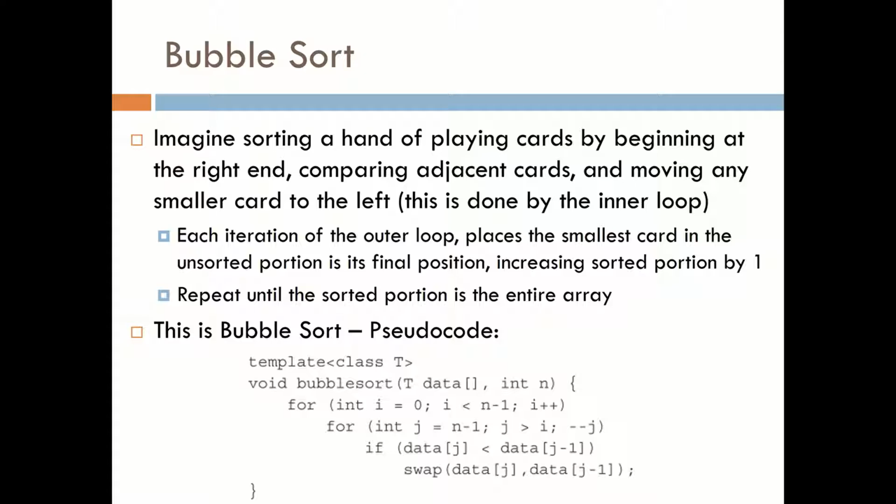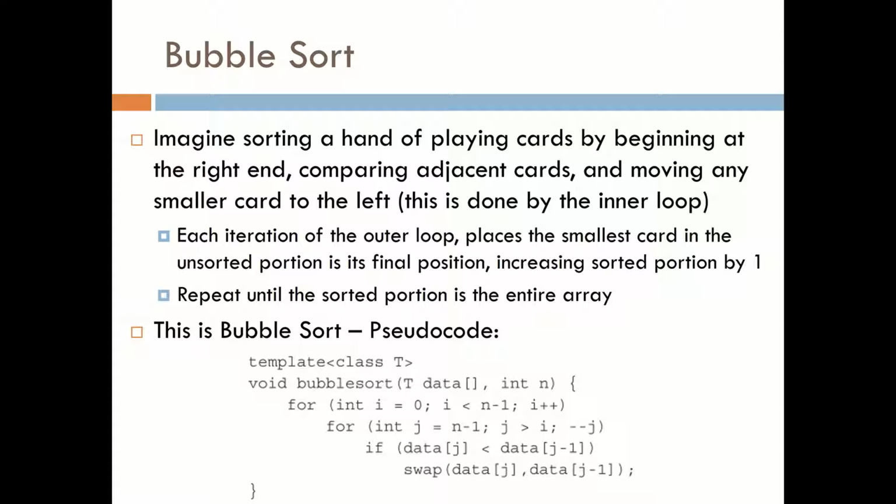The outer loop sets the card that is being positioned in this iteration. Even though we begin the search on the right hand side of the array, that is done by the inner loop. So the outer loop says I am going to find the card that belongs in position 0, in element 0 of this array.